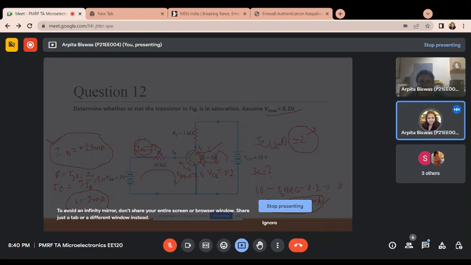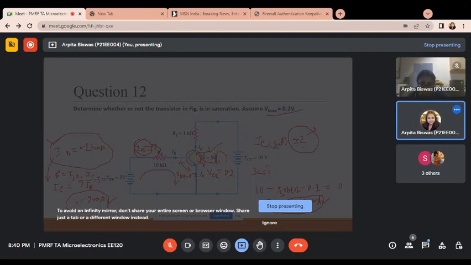Now the IC current calculated from the input base current is greater than the IC saturation current. If it is equal also, then in that condition we can say that this circuit is in saturation mode.